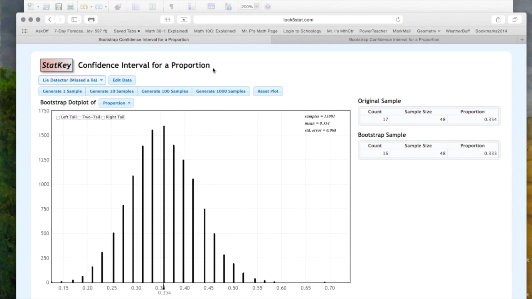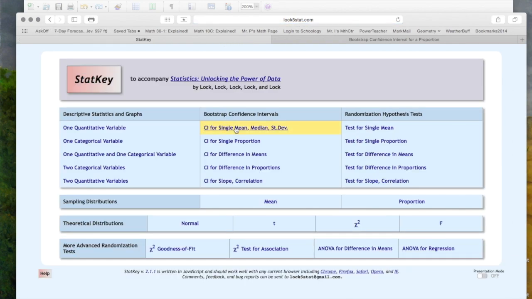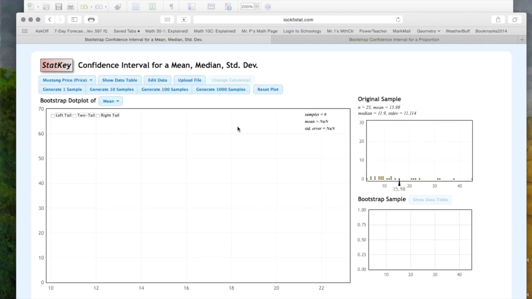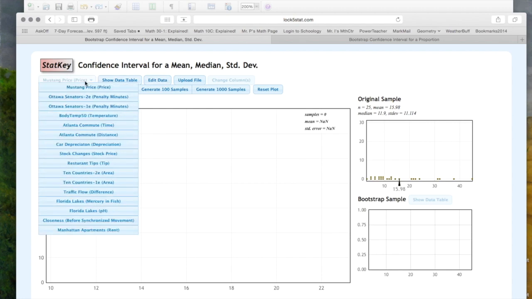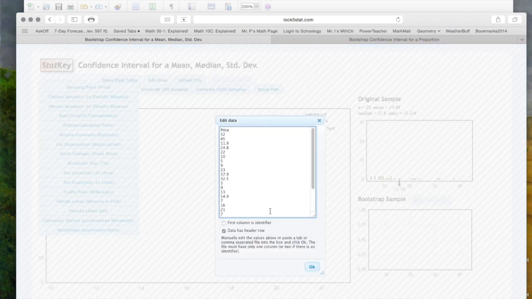Are we dealing with a proportion, a percentage, or are we dealing with an average? And we're dealing with averages, so I'm on the wrong website. So I have to go back to the website that involves calculating a bootstrap confidence interval with averages. And I'm not going to find the toy prices on my list. I'm going to have to enter the data myself.